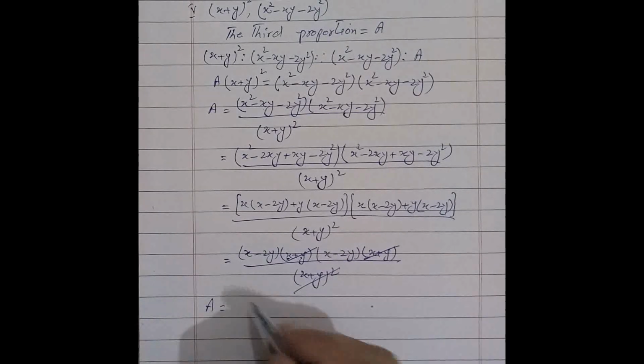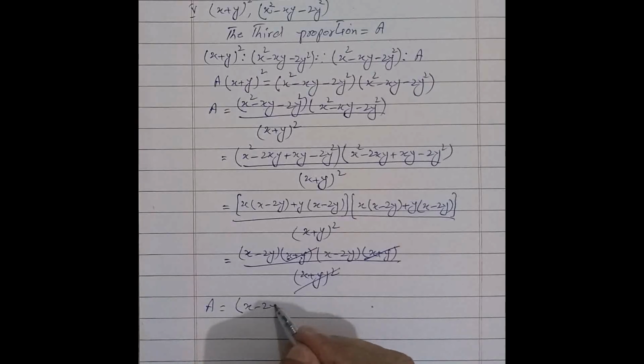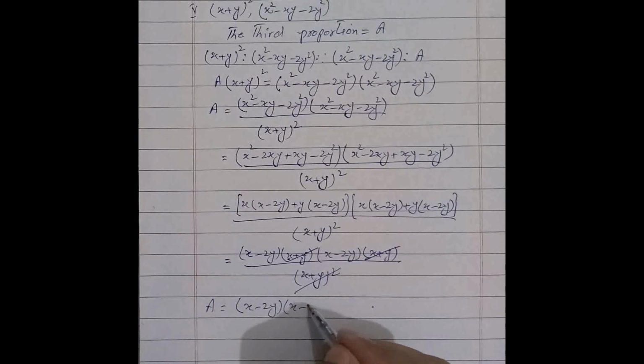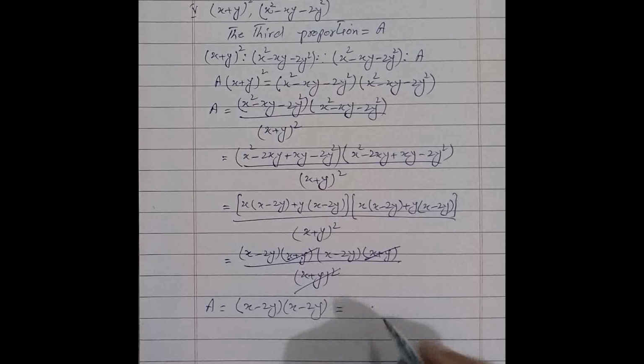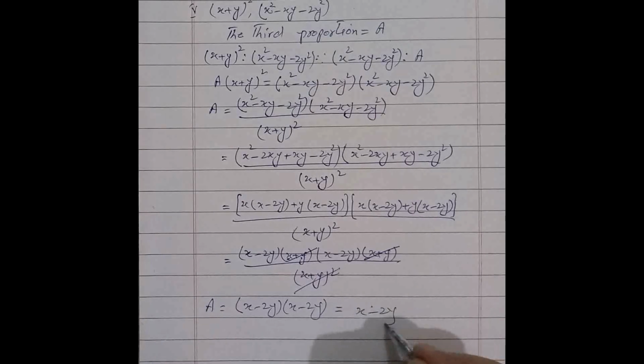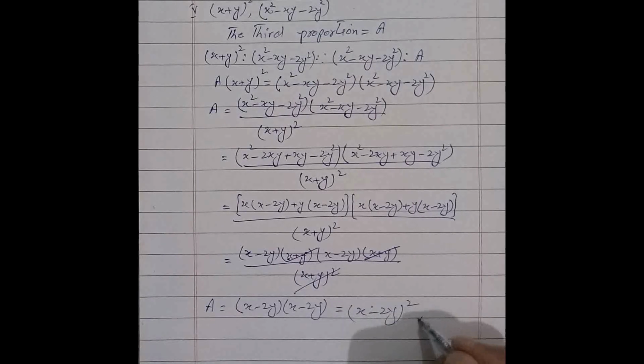We find the value (x − 2y) into (x − 2y), which is equal to (x − 2y)², and it is the answer of question 1 part 5.